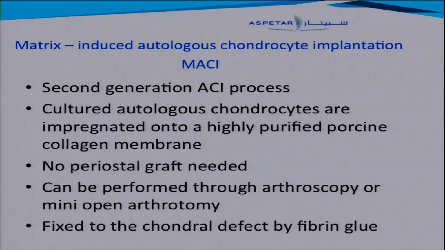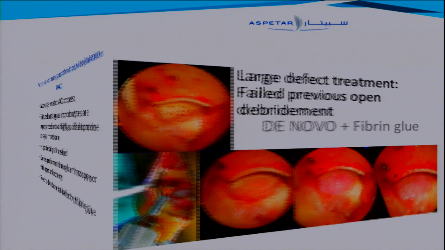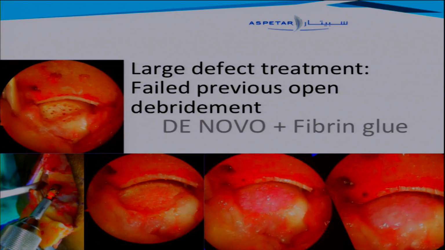However, the results of this AC and MACI show that we're still a long way from regenerating articular cartilage in the ankle, and therefore new techniques are coming, like in these, a big ankle-sized lesion, and there are now techniques showing to use baby cartilage and fibrin glue to fill up the defect in a biological way.